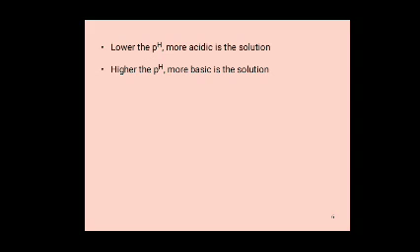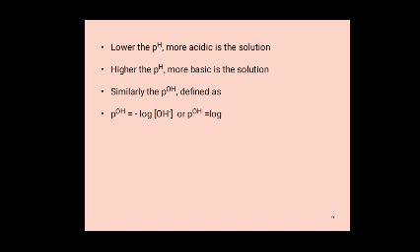Then we find pH by using the formula pH plus pOH is equal to 14, so pH is equal to 14 minus pOH. Similarly, pOH is defined as the negative logarithm of hydroxyl ion concentration, that is OH minus ion concentration.